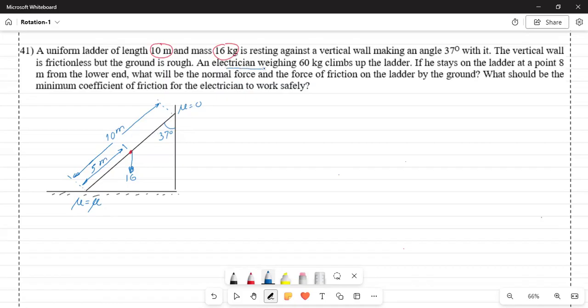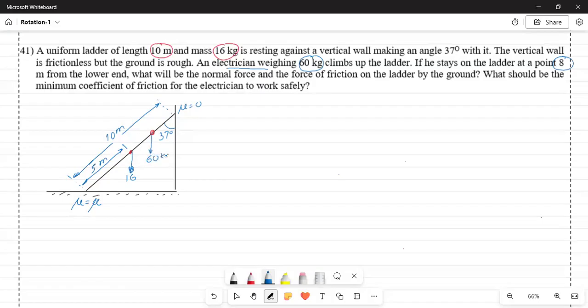An electrician weighing 60 kg climbs up the ladder and he stays on the ladder at a point 8 meter from the lower end. That means somewhere here an electrician is standing and his weight is 60 kg.